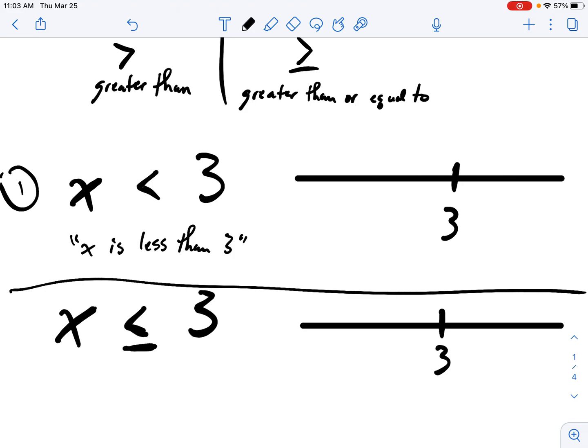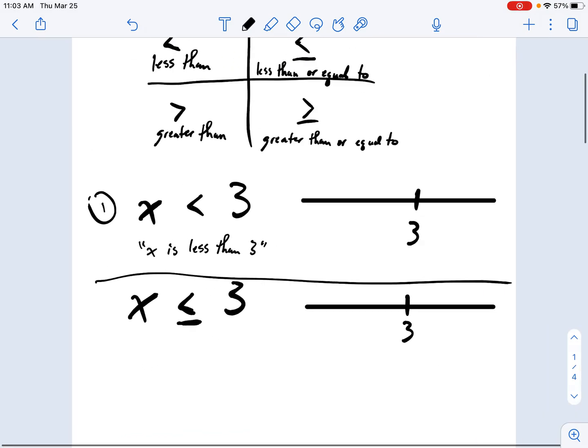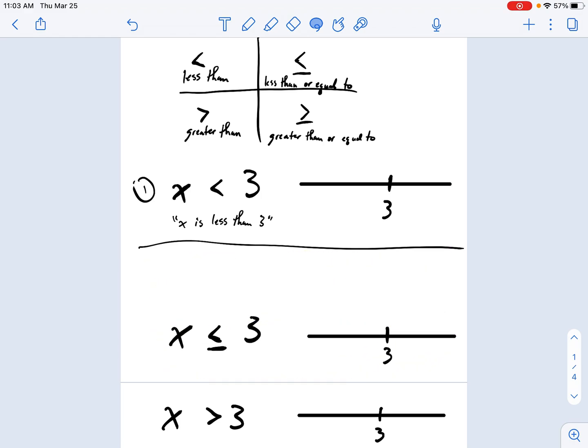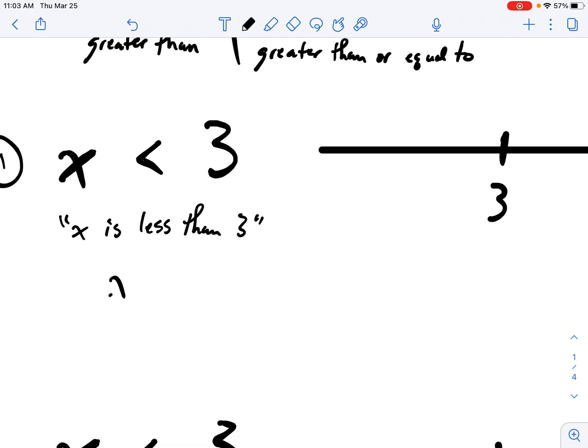When we're talking about this, we can think about, okay, what are possible answers for x? What could x possibly equal? Could x be equal to 2? Yes, because that is less than 3. Could x be 2.9? Yes, that's less than 3.